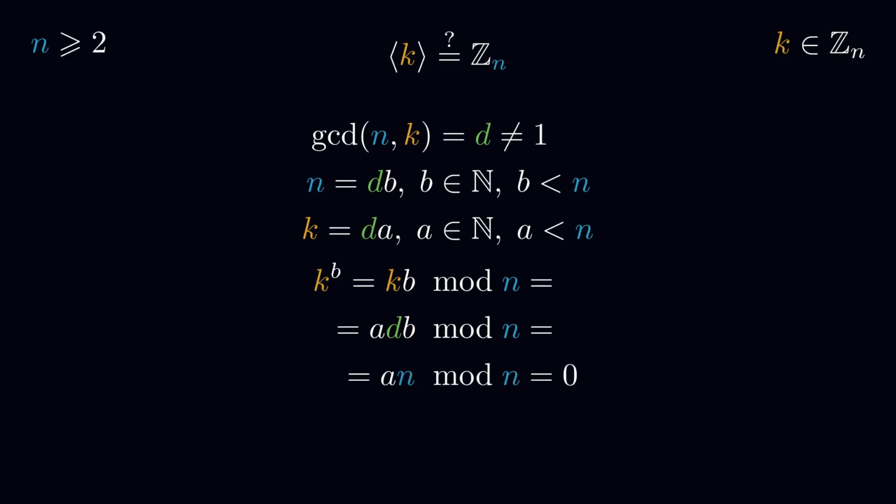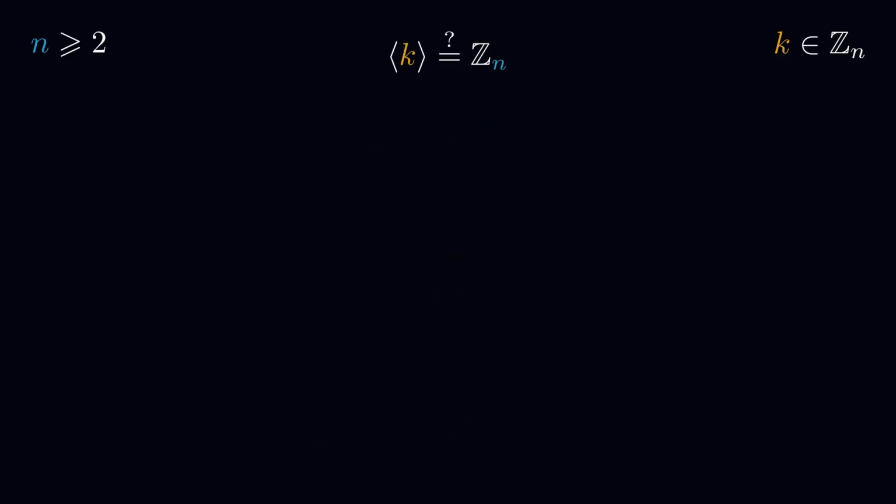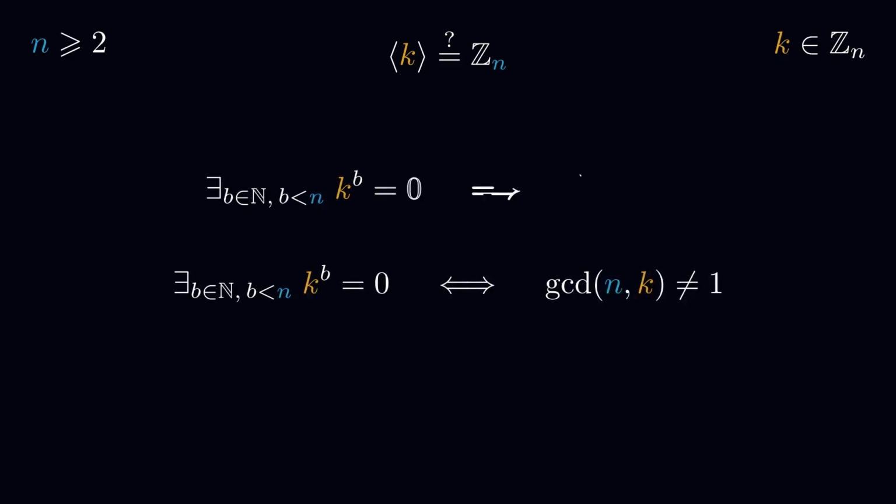What we get is an modulo n, which evaluates to 0. So, we have just shown the implication we missed. Now, we can write down what we have, and see that the implication and the equivalence can be combined into the implication, which looks quite inviting.